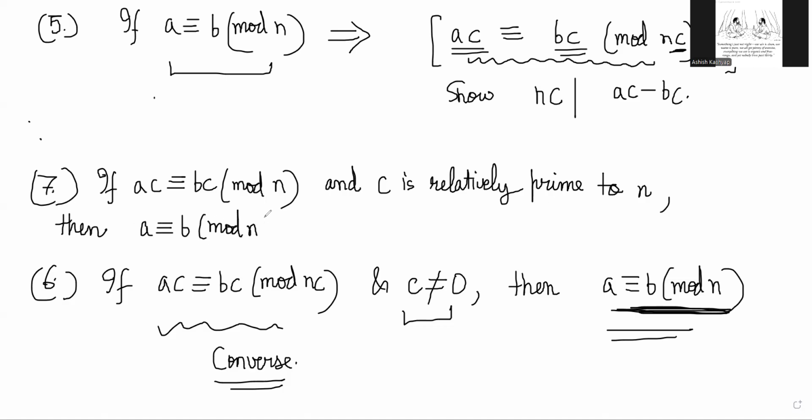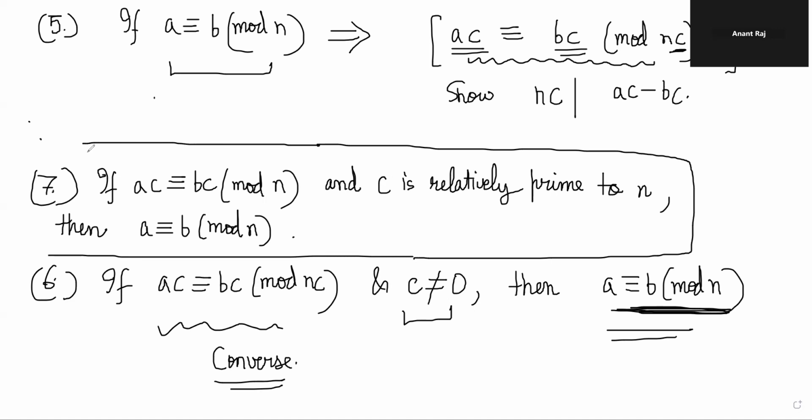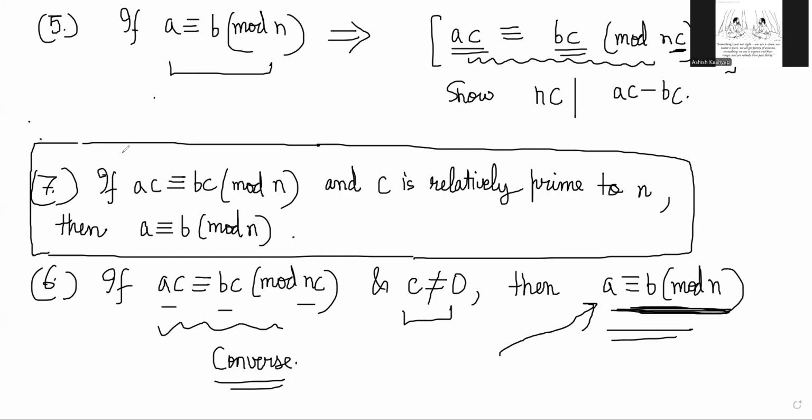This is a very important property. The normal easy property was 6, where you had AC, BC, mod NC, where you can cancel C everywhere. And from there you can say that obviously this is true. But this is not at all obvious.